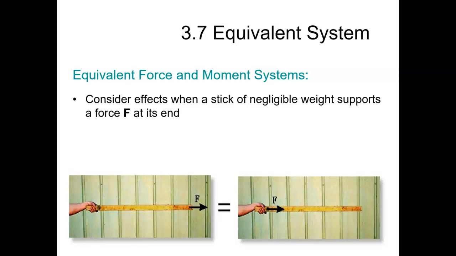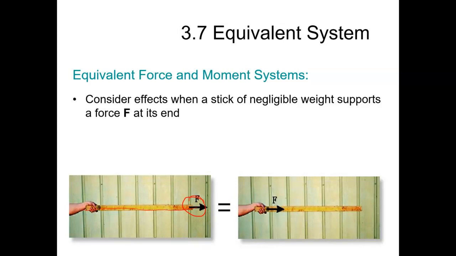I mentioned this at the beginning of the class, and I think that was Porty who mentioned a force can be transferred along the line of action. So in other words, this is an equal sign. It is okay to take this force, and this is the line of action.